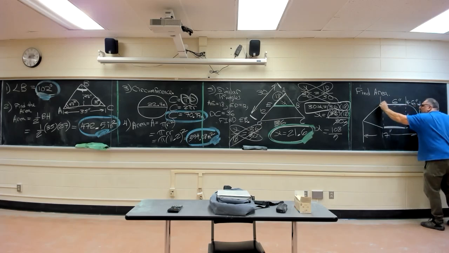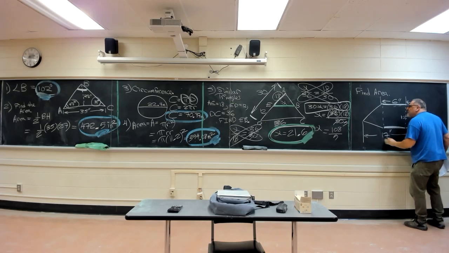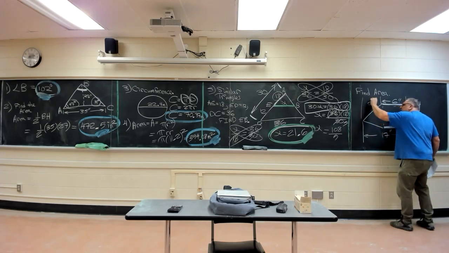So 6 and 6 is 12. Add 5 to it, you got 17. So here's the 5.